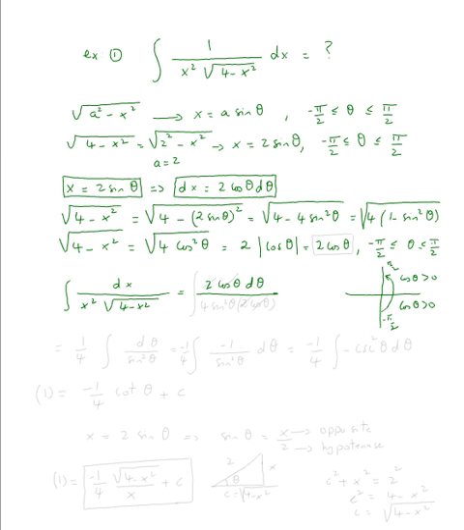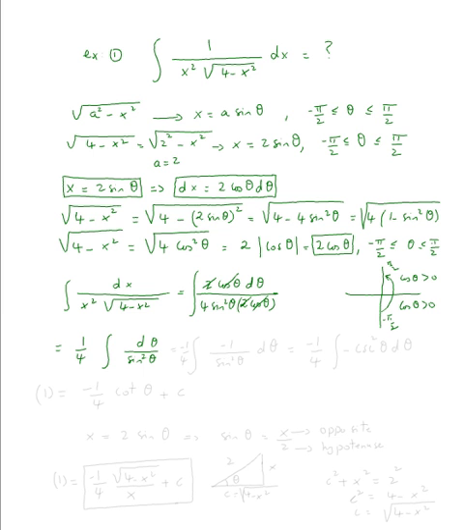X is 2 sine theta, so x squared is 4 sine squared theta, and then square root of 4 minus x squared is 2 cosine theta, and the integral of the whole thing. Now we simplify the cosine theta with cosine theta, 2 with 2. We take 1 over 4 outside, and this is d theta over sine squared of theta.